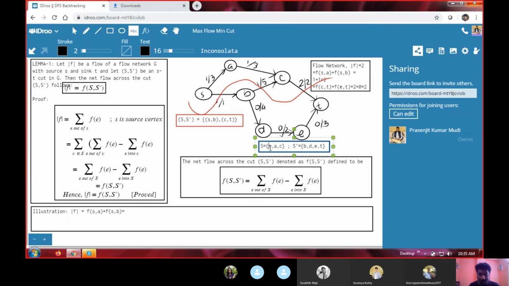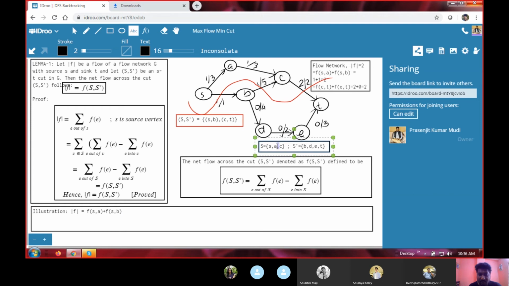So first we consider the vertex S and find all the edges outgoing from S or incoming to S. And we have seen that two edges are outgoing from S, SA and SB. So sum up their flows, f of S comma A plus f of S comma B, right? And there is no incoming edge towards S. So vertex S is completed.